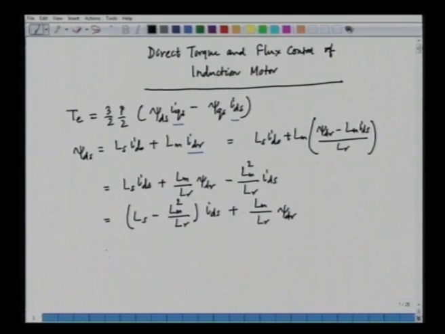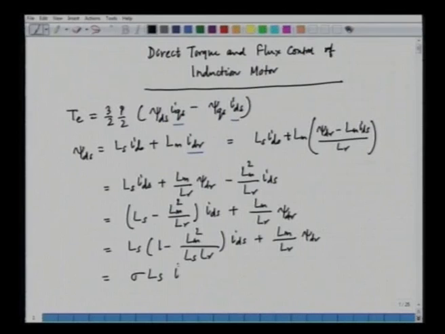Now we can write this as Ls into 1 minus Lm square by Ls Lr into IDS plus Lm by Lr into psi dr. That is equal to sigma into Ls into IDS plus Lm by Lr into psi dr.